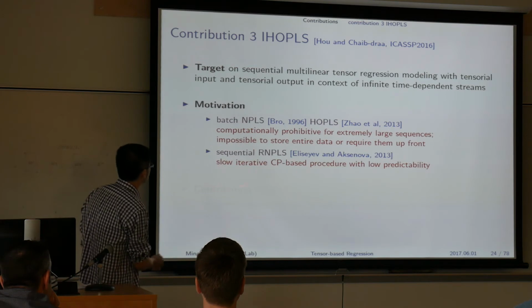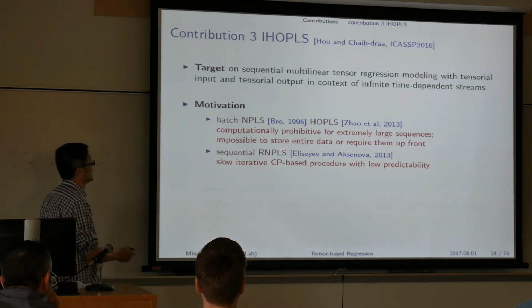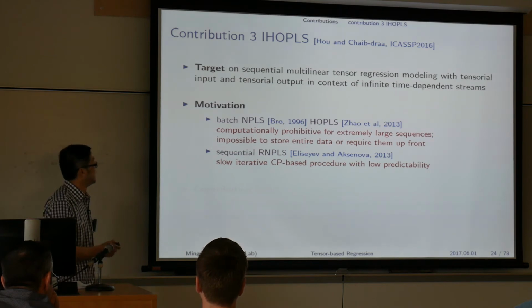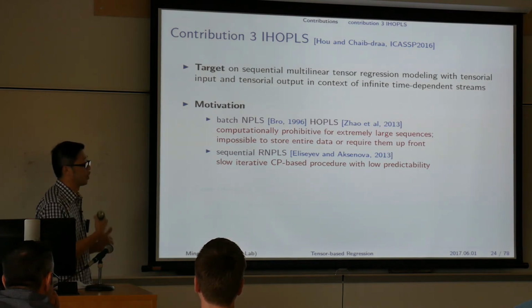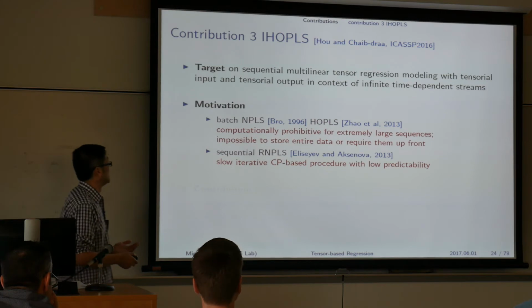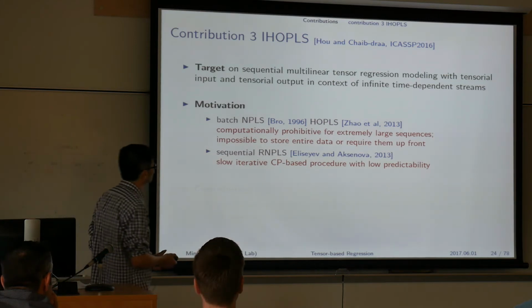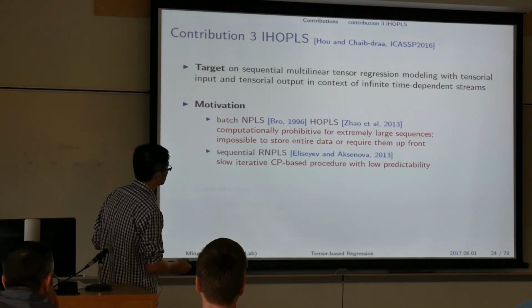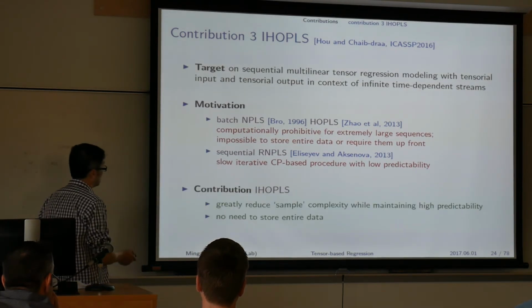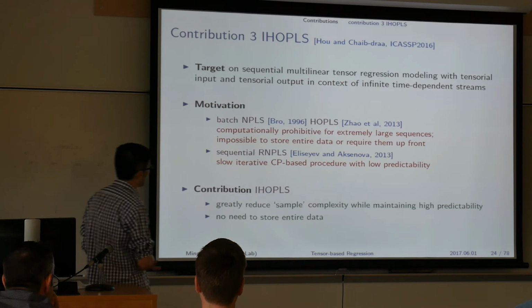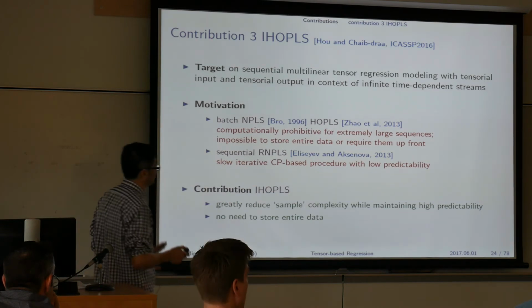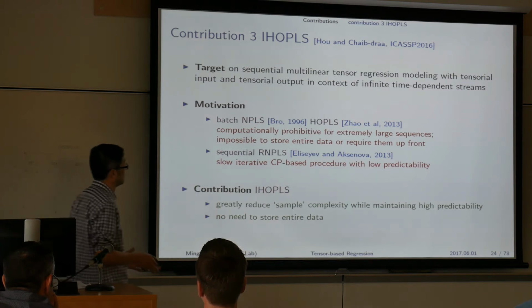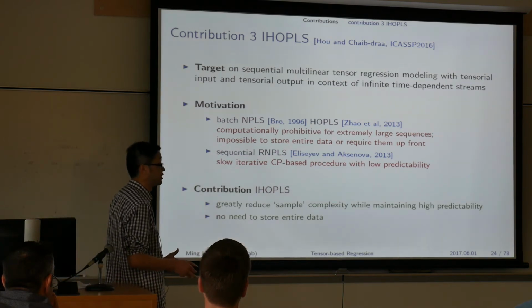So the sequential RMPRS is developed based on combining the recursive calculation scheme with the multiple representation of NPRS, but it still suffers from a slow convergence rate and low predictability. So in this case, our IHPRS is introduced to adapt the cutting-edge HOPRS to a setting of infinite time-dependent tensor streams.